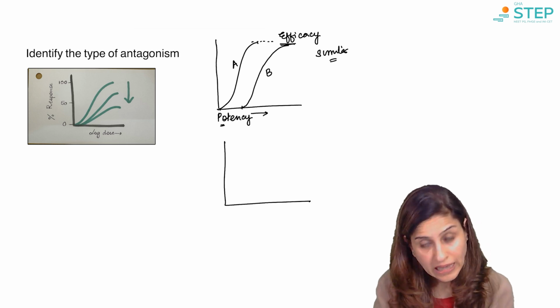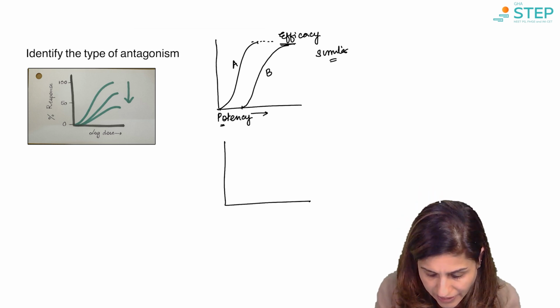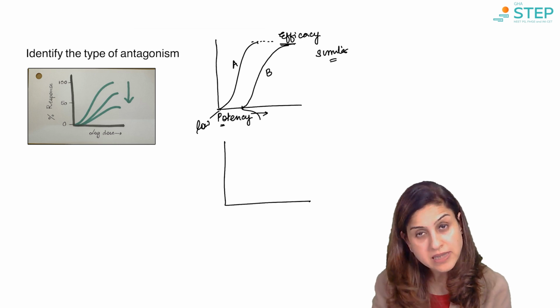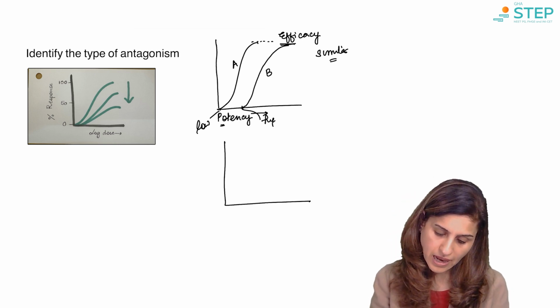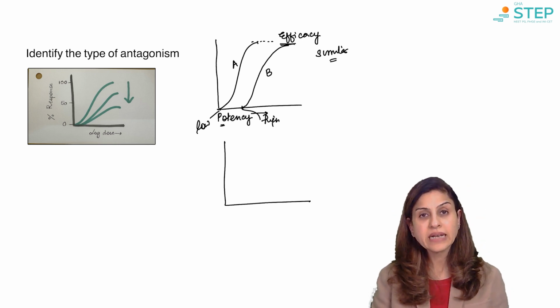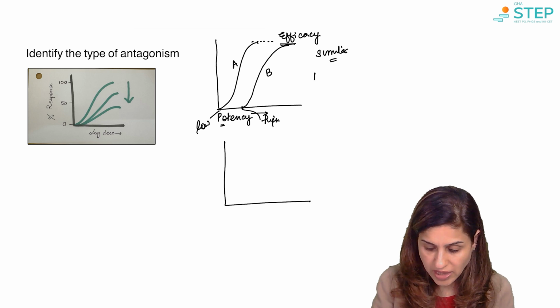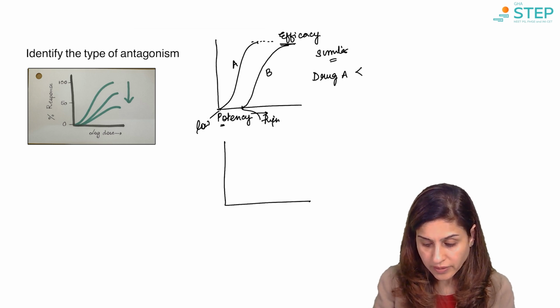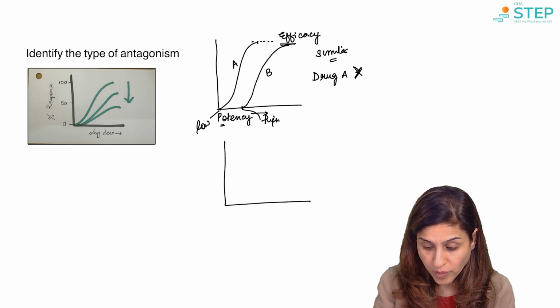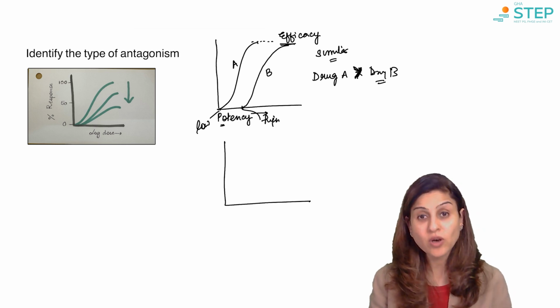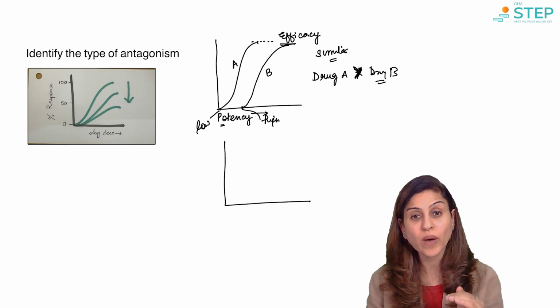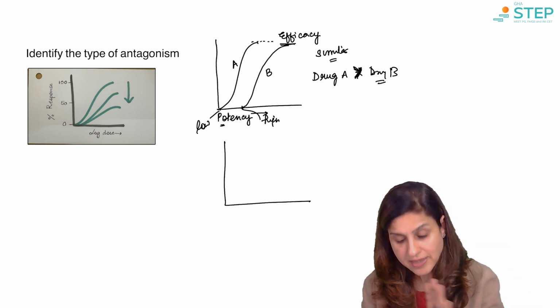So drug A produces the same response at a low dose, while drug B produces a similar response at a high dose. So definitely we can say that drug A is more potent than drug B. Why? Because less amount of drug A is required to produce the same response as drug B.